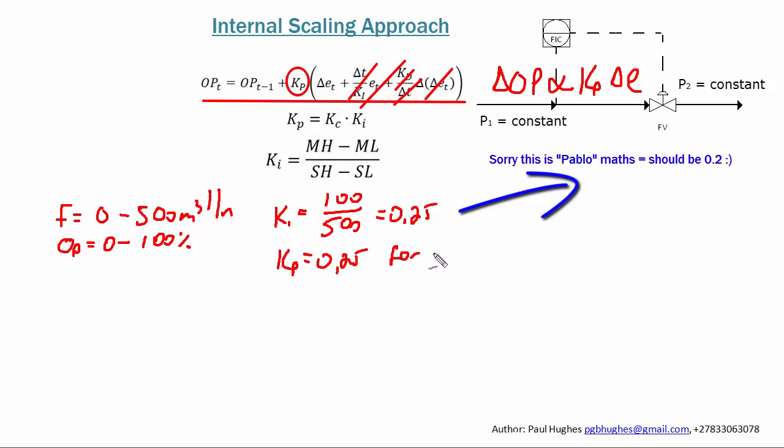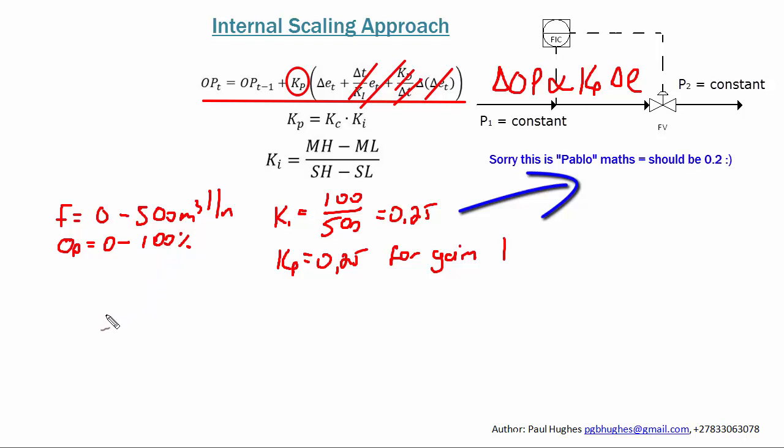Now the rationale behind this is to have the scaling of the inputs and the outputs be the same. In other words, if I go from 0 to 500 cubes as an error, I should go from 0 to 100 on the output for a gain of 1. That's why the internal scaling is done.